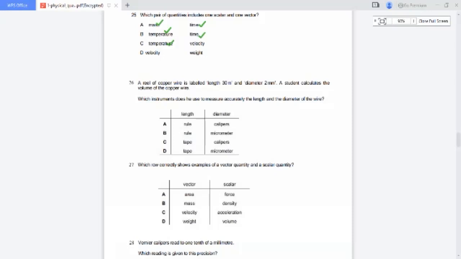Velocity is a vector quantity, weight is a vector quantity.